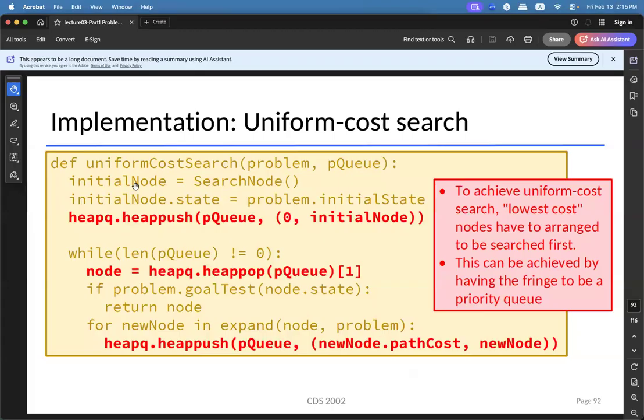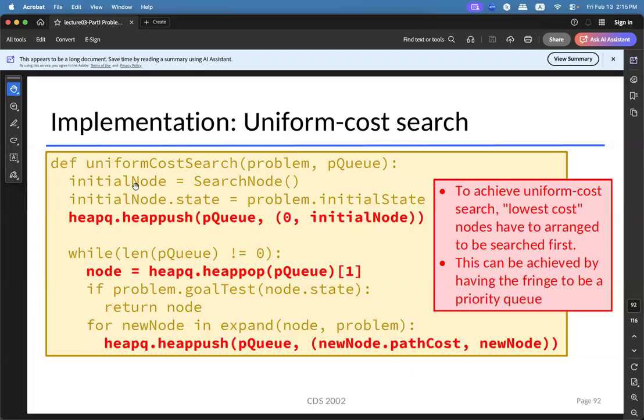A priority queue essentially works by the fact that when you insert an item into that queue, you also include its priority. And when you retrieve an element, the element with the highest priority or the lowest key will get selected.